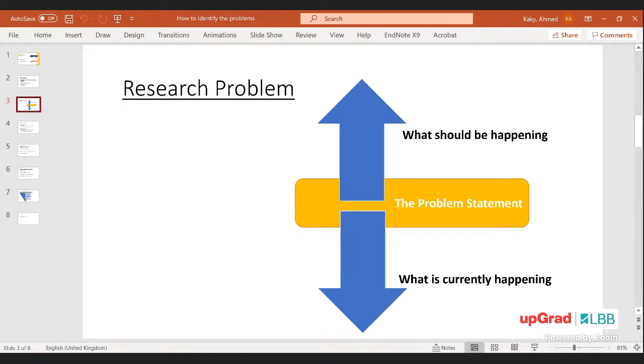We need to make changes to a theory, an application, or a service, using advances in computer science technologies to bring it to what should be happening. Basically, we think there are some gaps, limitations, or problems, and for that reason we will work on it to make it happen the right way.